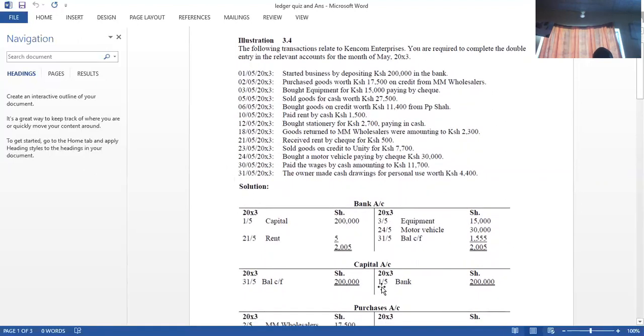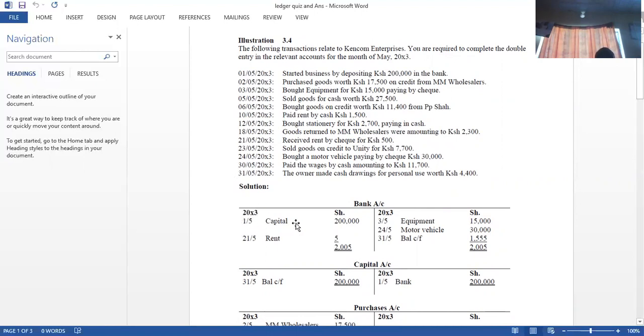You can note here capital 0105, and then bank we have here 0105. Note here, bank is an asset, and whenever the owner pumped money into that particular business, bank increased. That's why it is debited. So we debit this one by capital.